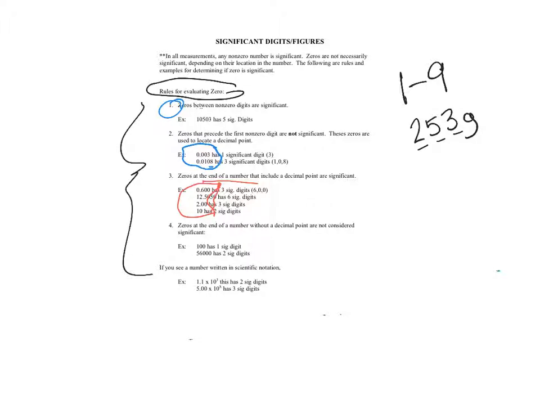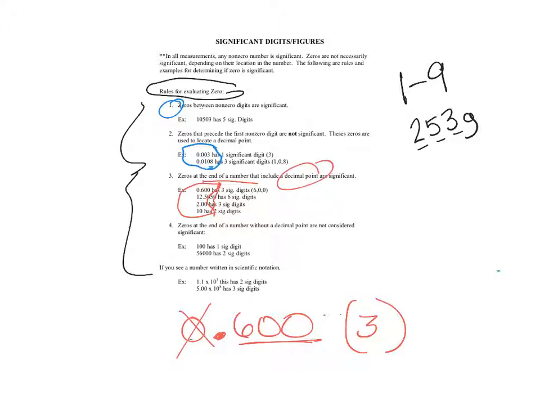So 0.600, this beginning zero is not considered significant, but because there's a decimal here, the ending zeros are. So this particular number has 3 sig figs. And you can see how it works from there. Again, it's got to have a decimal point to be considered significant. In fact, this has lost its decimal point. That should be 10 point, like that. That would be 2 sig figs.